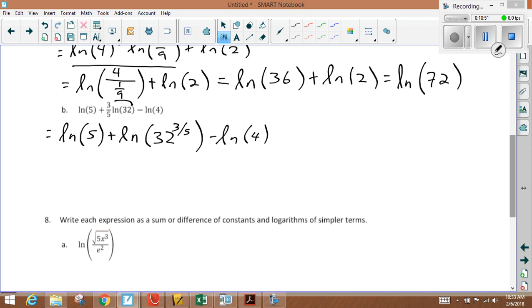Okay? So that will be natural log of 5. I'm going to go ahead and write this as a radical. So this is going to be the 5th root of 32 cubed, minus natural log of 4.